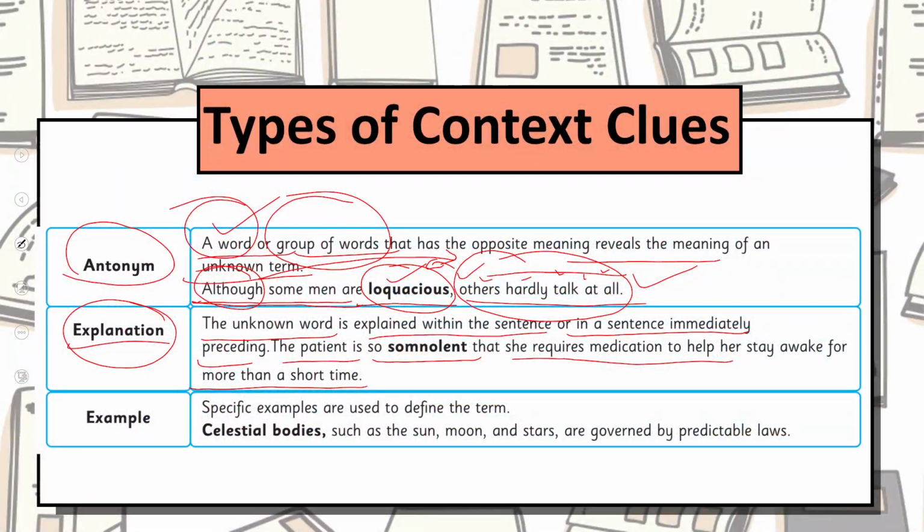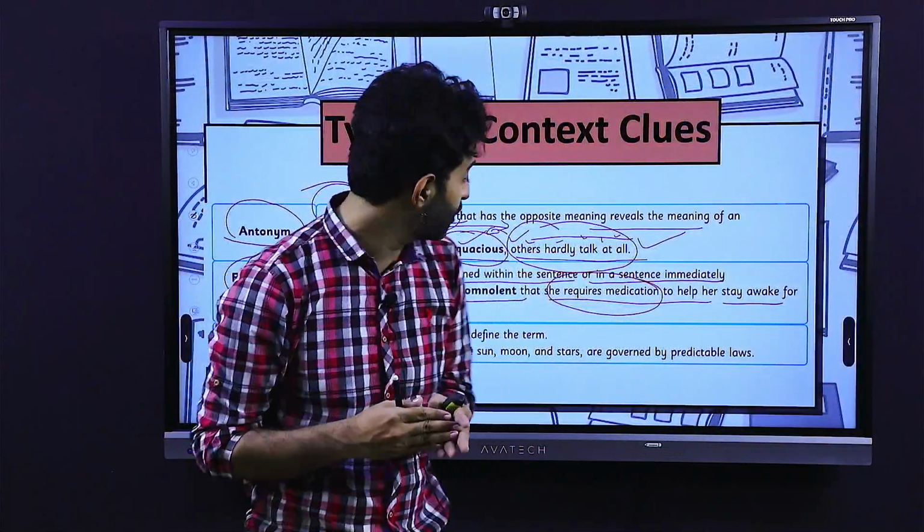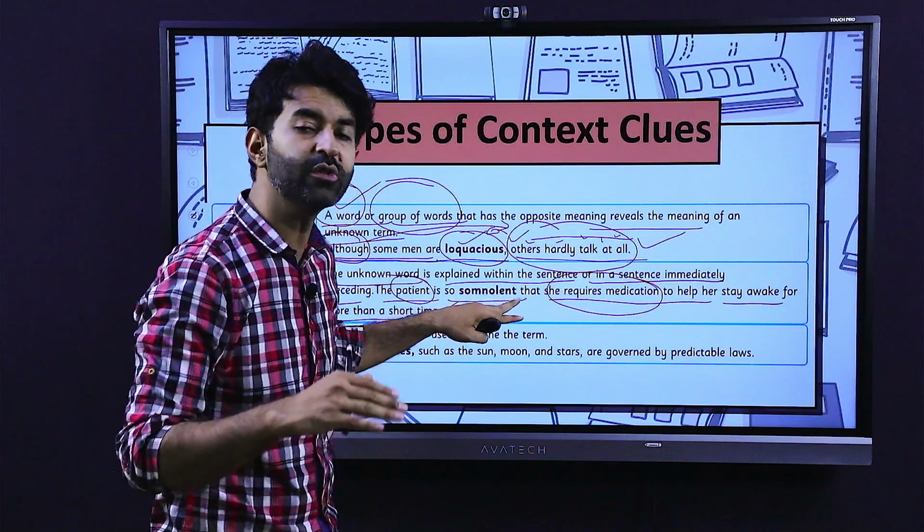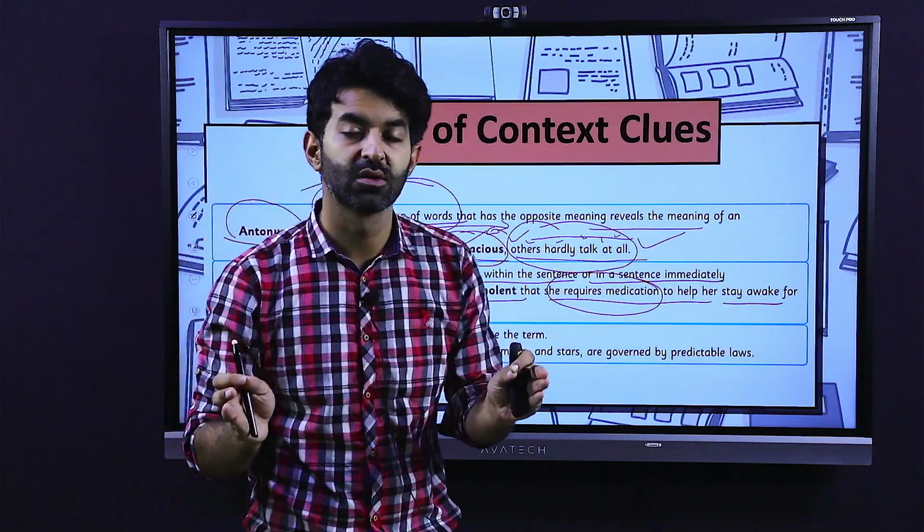The writer is talking about the patient. The patient is so somnolent that she requires medication. It means the patient is really sick. Medication is required for what? To help her stay awake for more than a short time. Just to keep her awake, they have to give her medication. It means that somnolent is somebody who is not conscious.